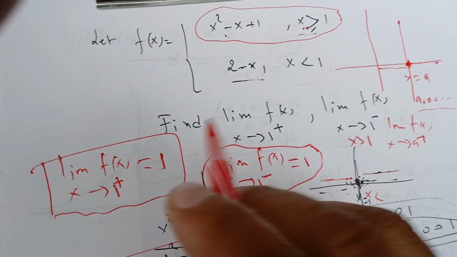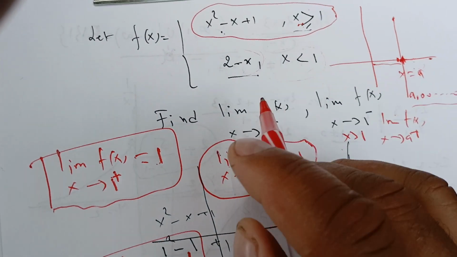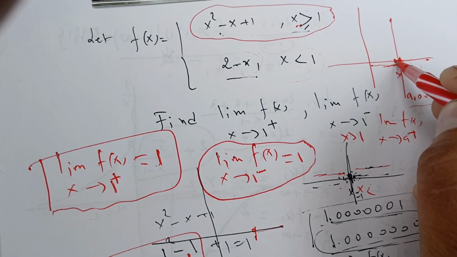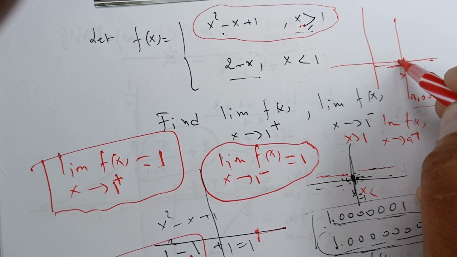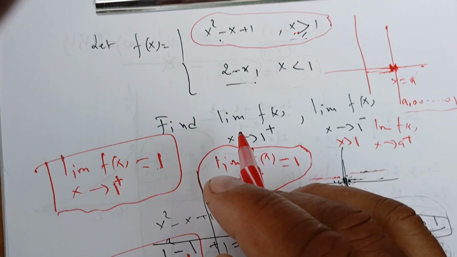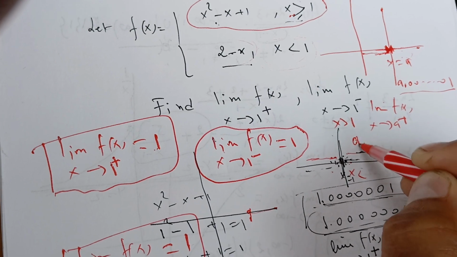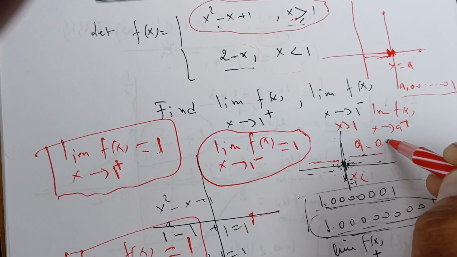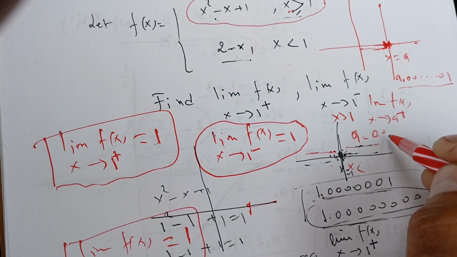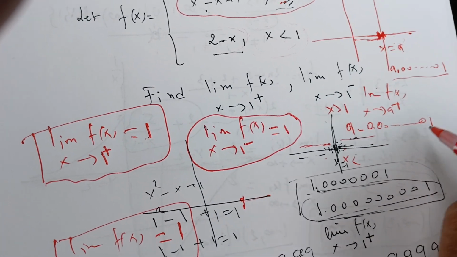From the left, what values can I get from the left? It's some values that are smaller than a, but very, very close to a from the left. So it's a minus 0.00001.